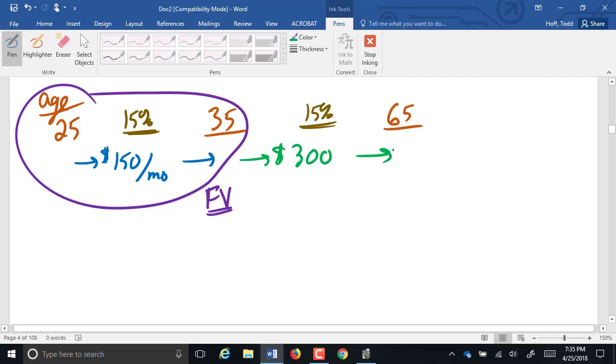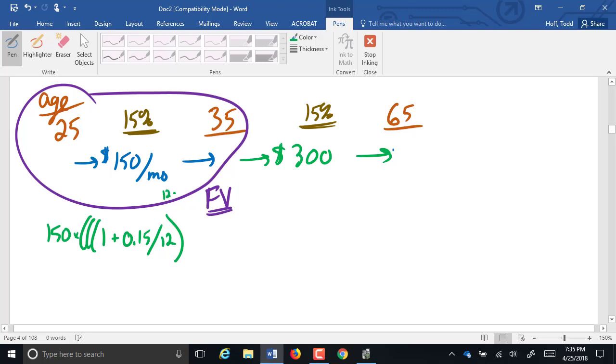So we're going to have that $150 times (1 plus 0.15 divided by 12, to the power of, how many years is that? 10.